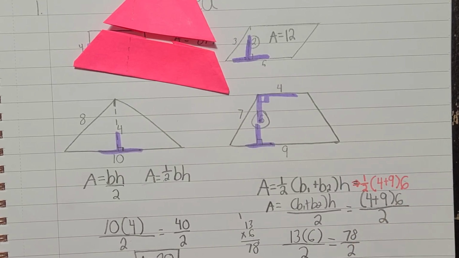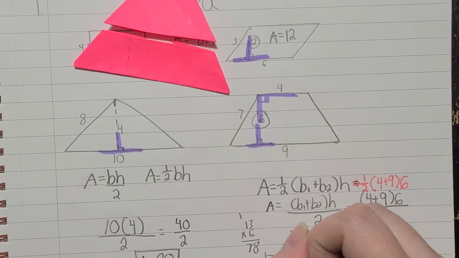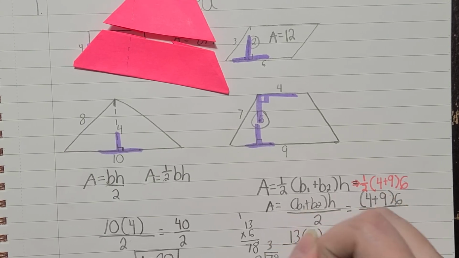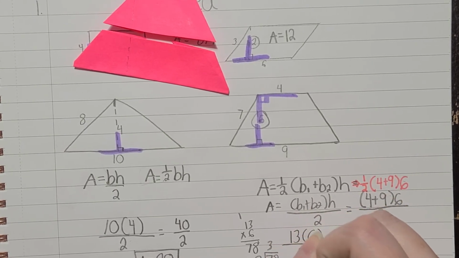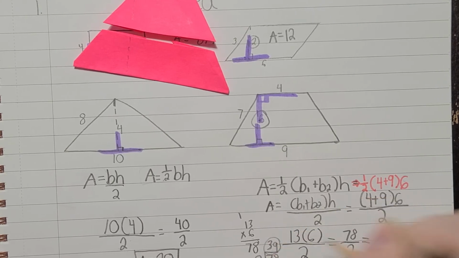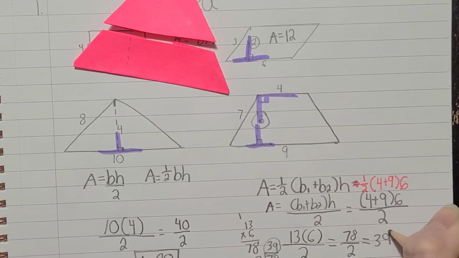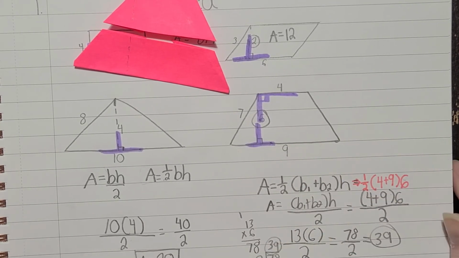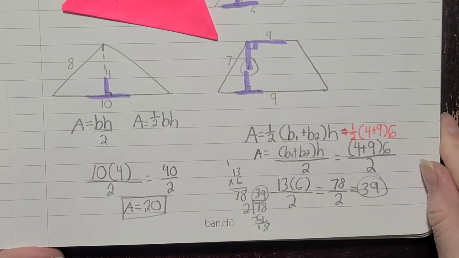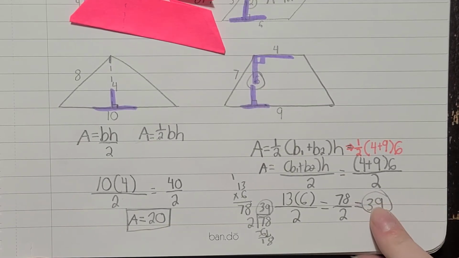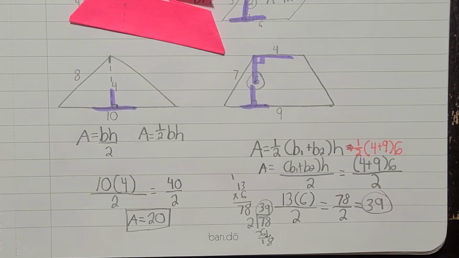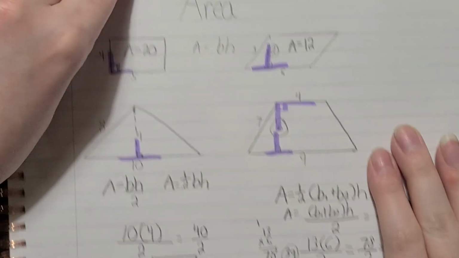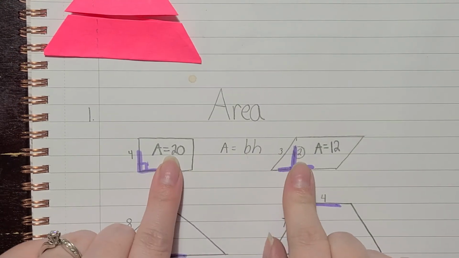And then we still have to divide by 2. 78 divided by 2 gives me 39. So the area of this trapezoid would be, I'm so sorry, I cut off part of that, would be 39.